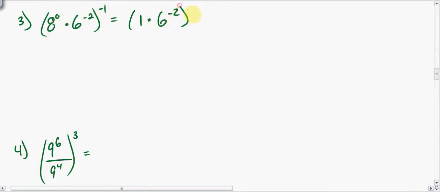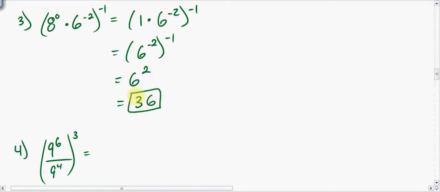I have 1 times 6 to the negative 2nd power, which is simply 6 to the negative 2nd power. Anything times 1 is itself. That's all raised to the negative 1st power. So now I have a base raised to a power raised to a power. What do I do with these? Well, I multiply them. What's negative 2 times negative 1? That's positive 2. So I get 6 squared, and 6 squared is 36.